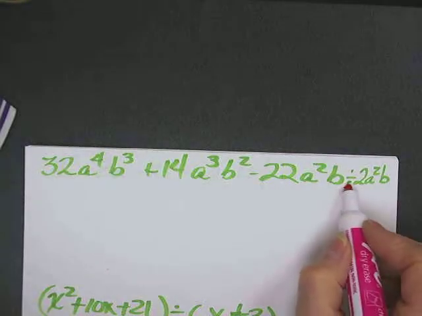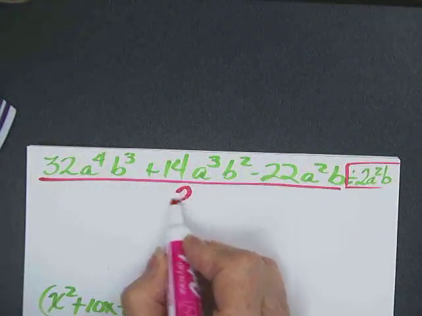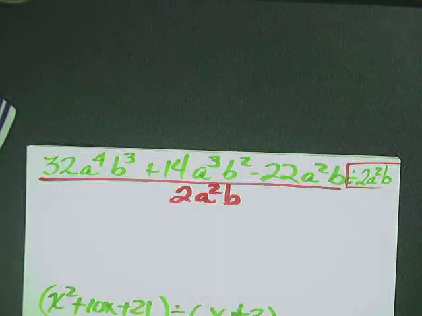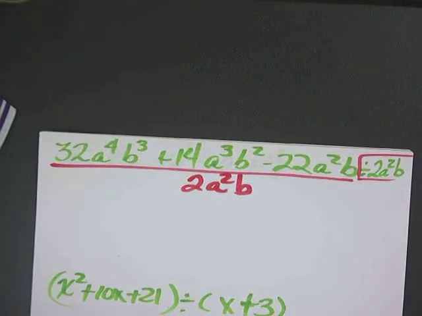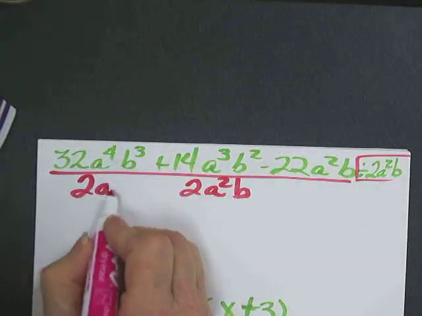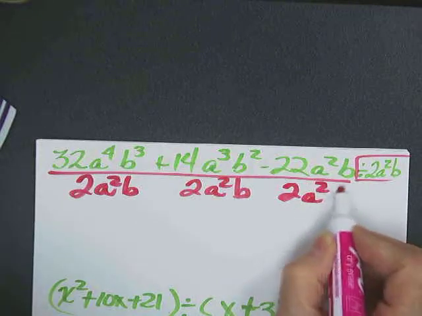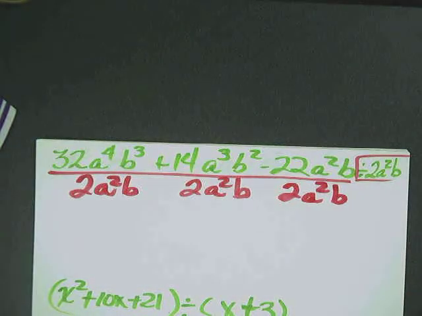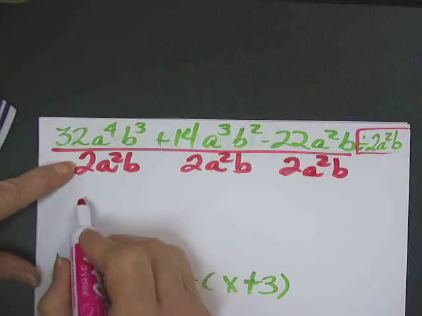Okay. This is written like this, but this part might as well have been written under here. Same thing. So put it under all 3 of them, just like we did with the other. 2a squared b. It's just written different. You still write it as a fraction, divide it.